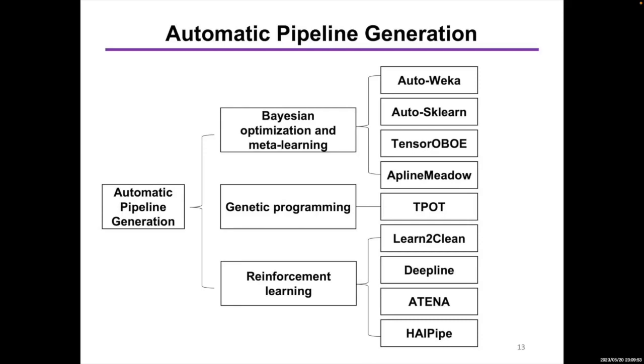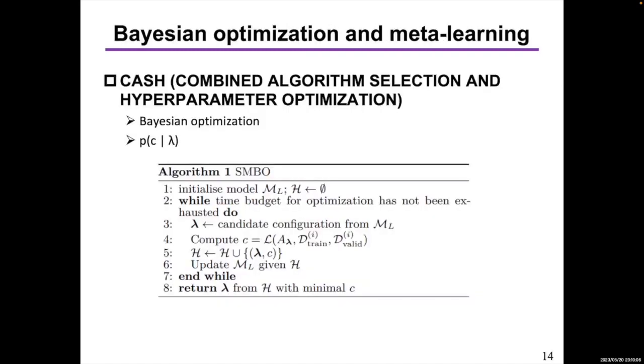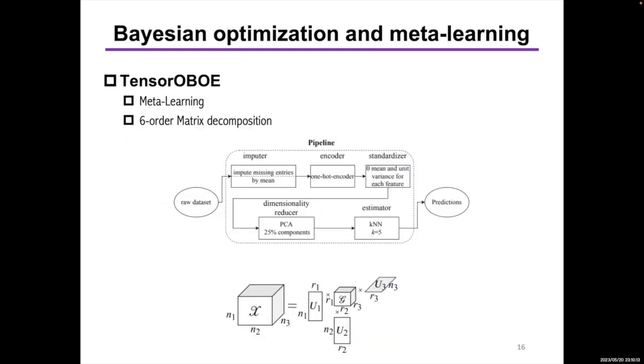And the third type uses reinforcement learning to find the optimal data preparation pipelines. The representative methods include Learn2Clean, DeepLine, Athena, and HAPAP. I will introduce the details of each method in the conference tutorial. I will skip the details here.